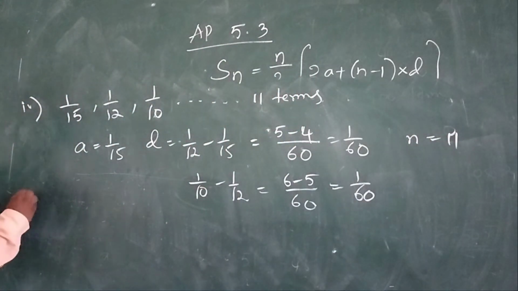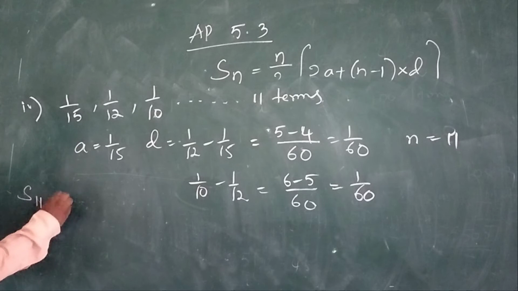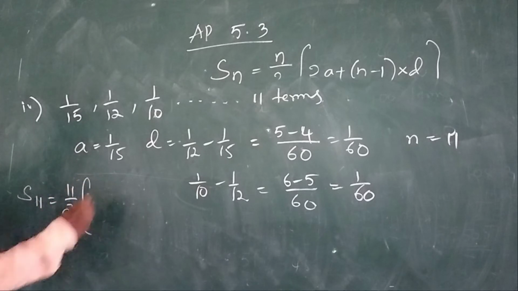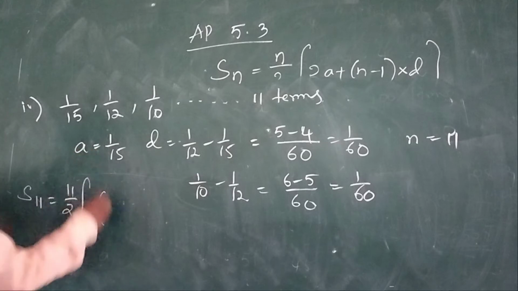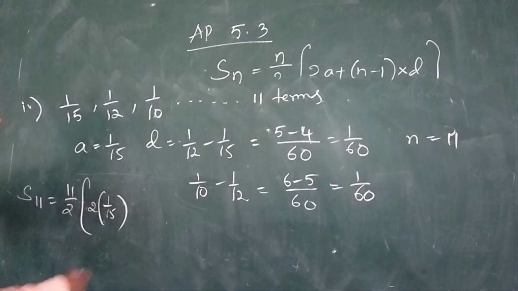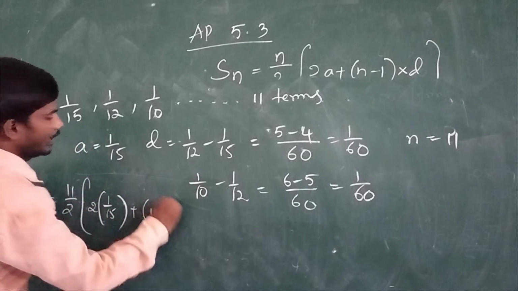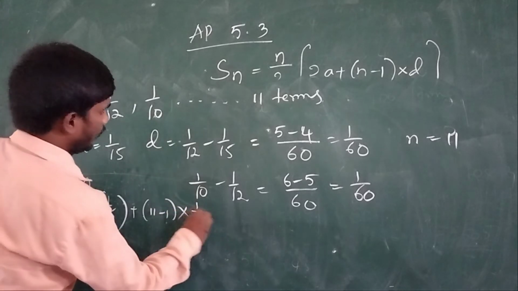So by the Sn formula, S11 is equal to 11 by 2 into 2a, that is 2 into 1 by 15, plus n minus 1, that is 11 minus 1, into d value 1 by 60.